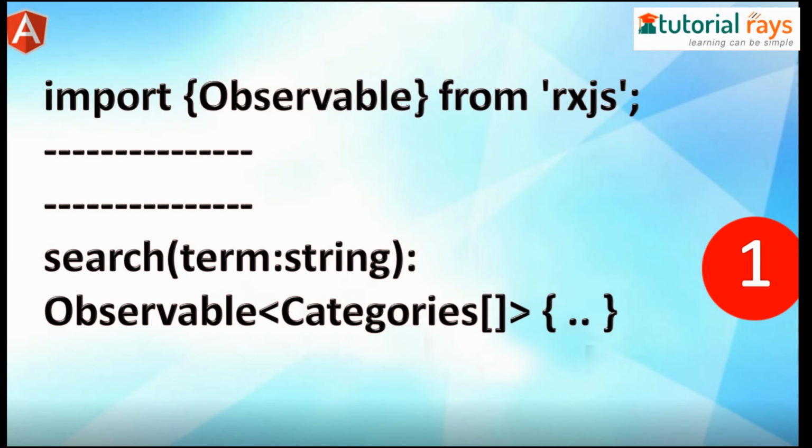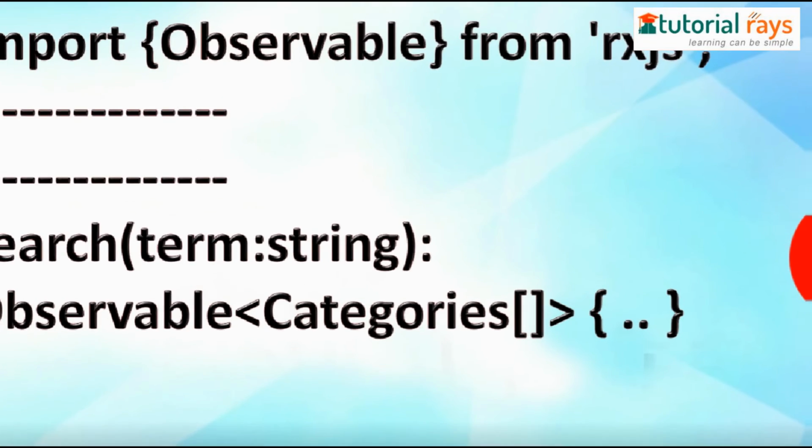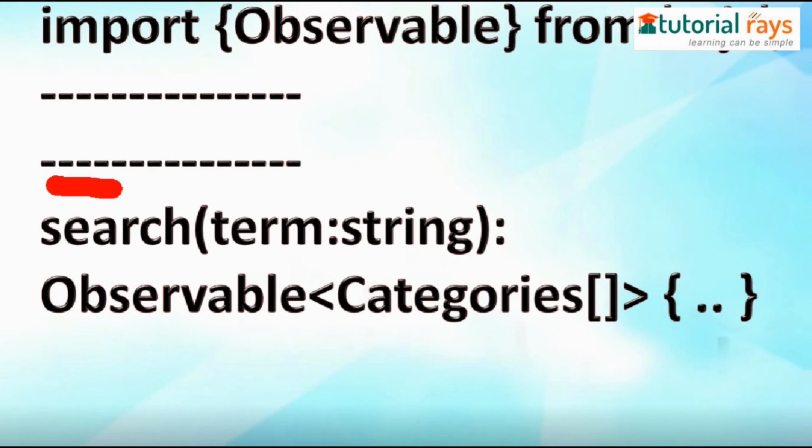But in this case we know that the HTTP request will return an observable. So the return type of this search function is observable.